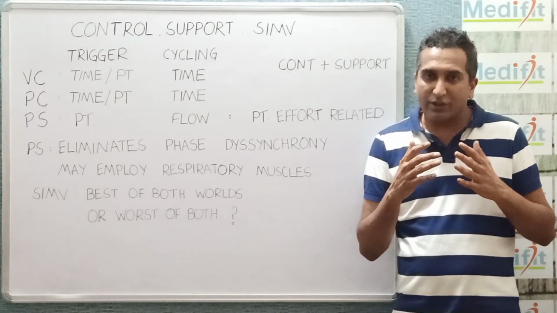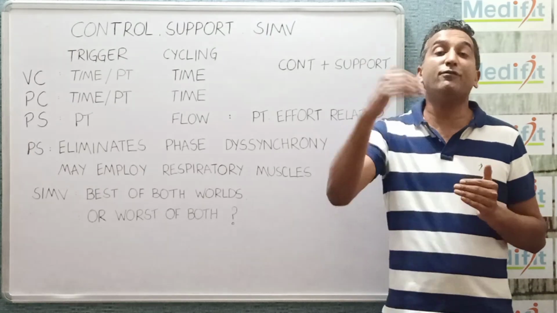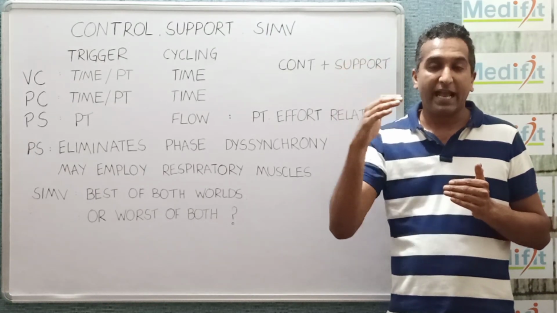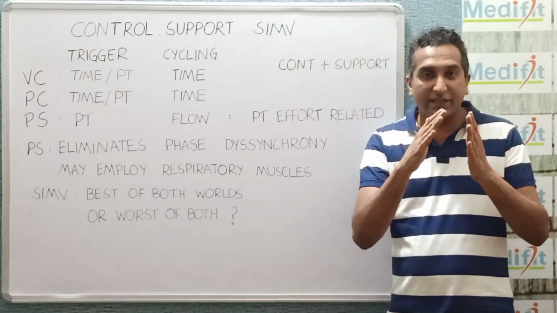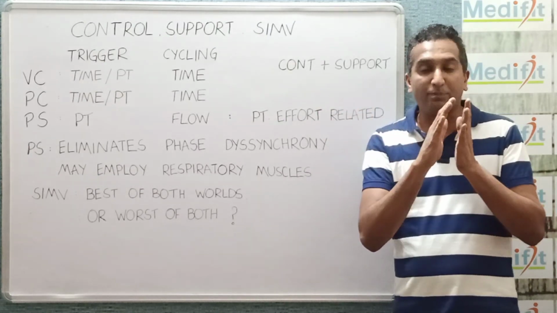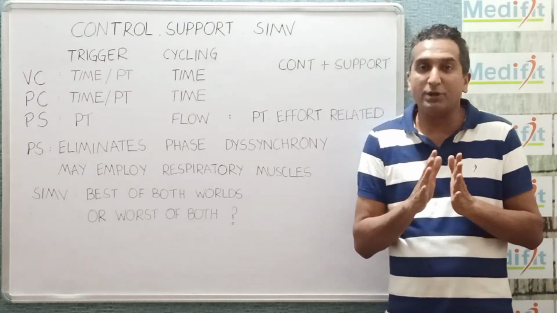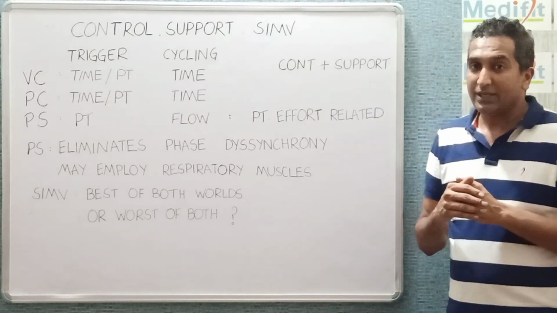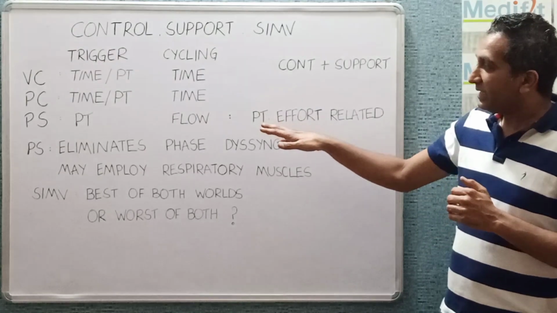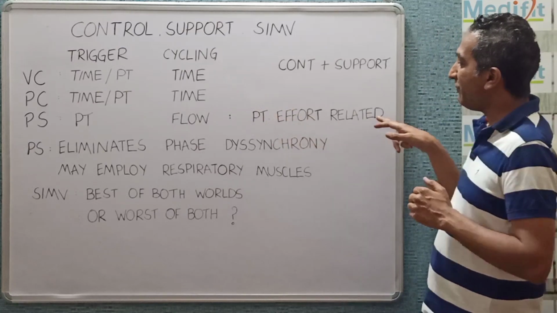And depending on the effort made by the patient and the set pressure, a peak flow will be achieved. And the breath will cycle only when this flow falls to a certain level of that peak, which is generally 25 to 30% by default, but you can set it on a ventilator. So we can say that in the pressure support mode, the cycling is effort related.